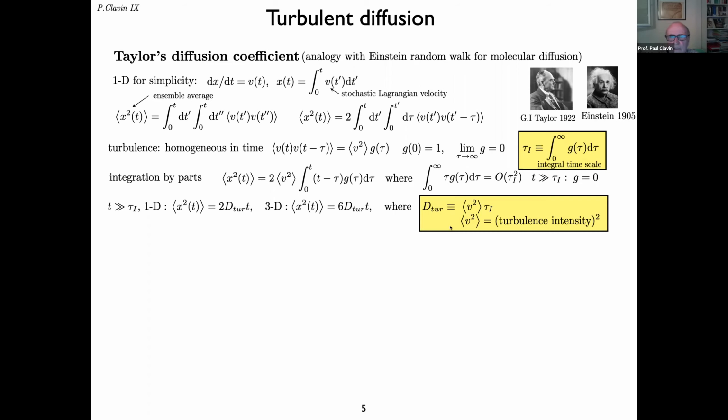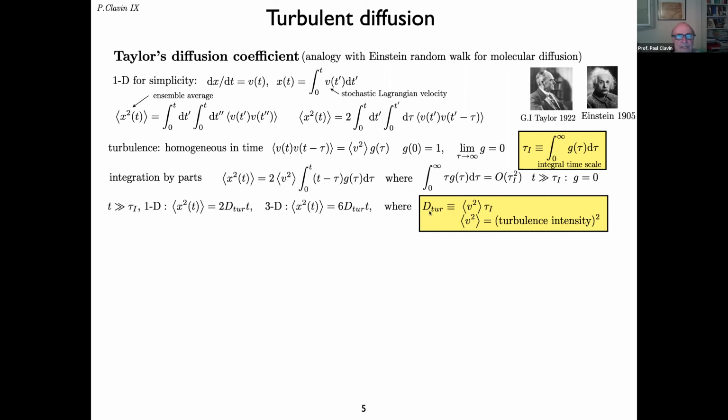Notice first that this equation here for the turbulent diffusion is correct from the point of view of dimensional analysis, because the diffusion coefficient should be a velocity square multiplied by a time.